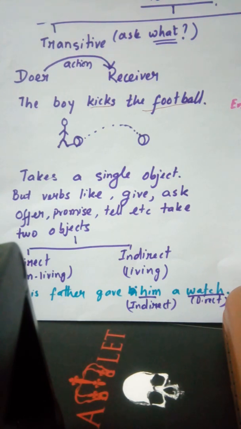Now there is another issue in this distinction of verbs, that is object. Object is the thing which gets affected by the action of the verb. Like the verbs which are used transitively mostly take a single object. So the action passes over to a single receiver.